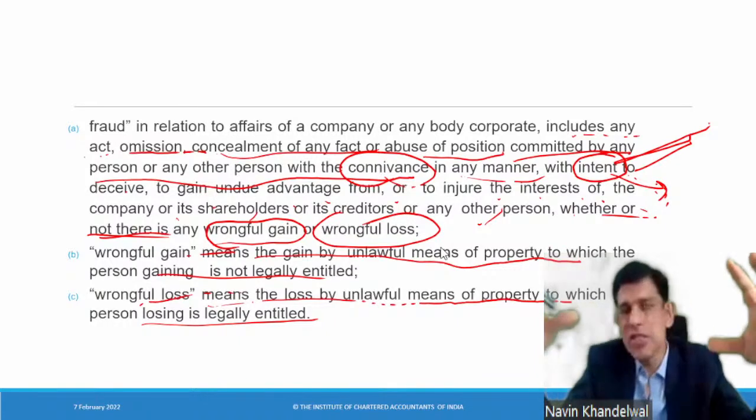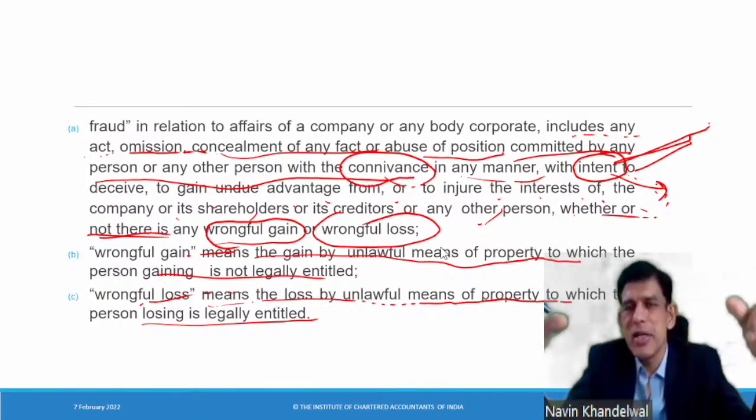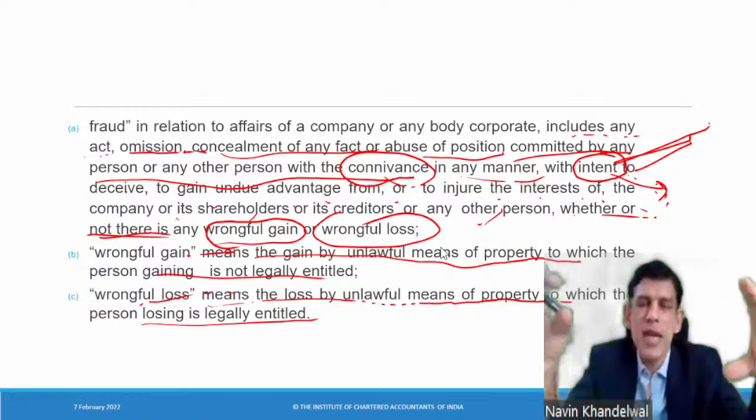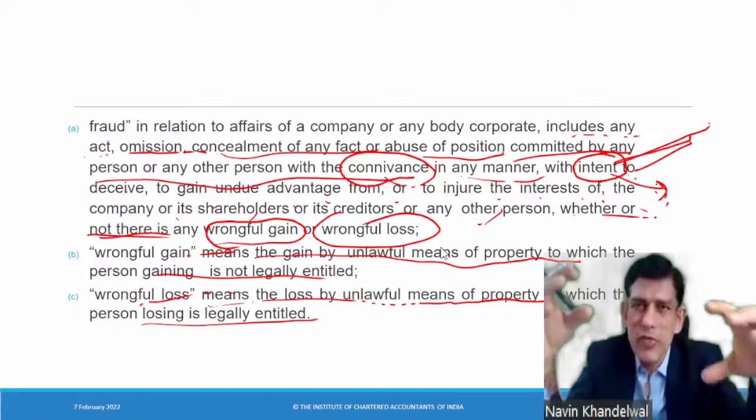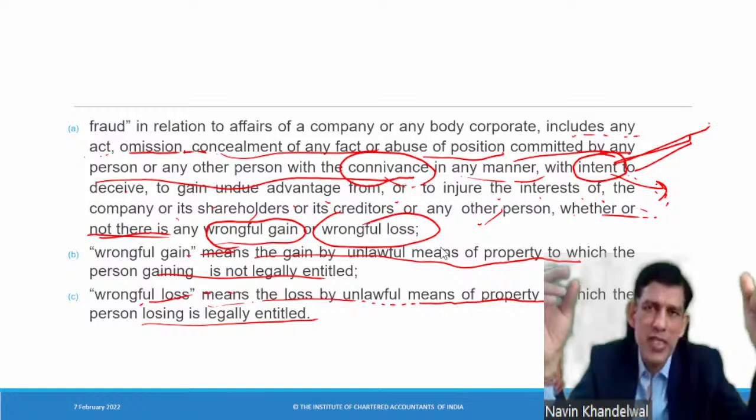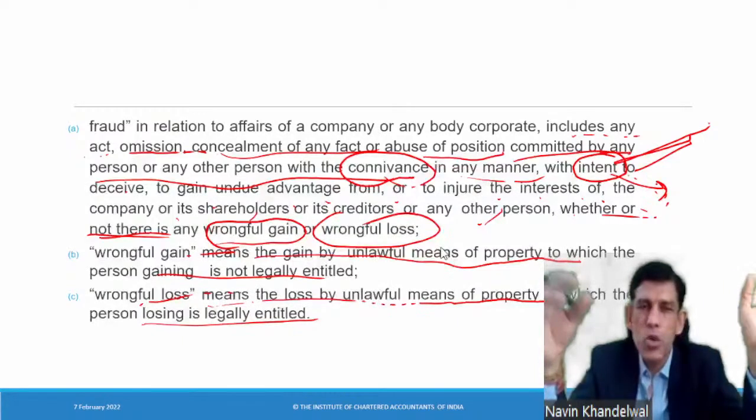So a lot of deliberations have gone into this particular section, and that is why we have spent some time to understand, because it's a very critical section, friends, 447, and you should understand the consequences.